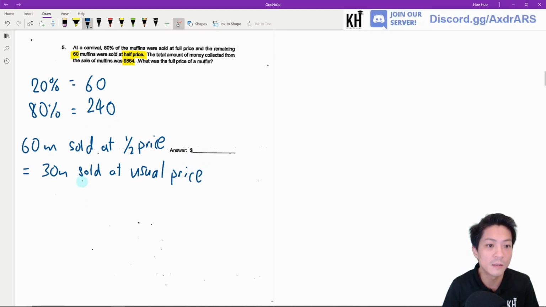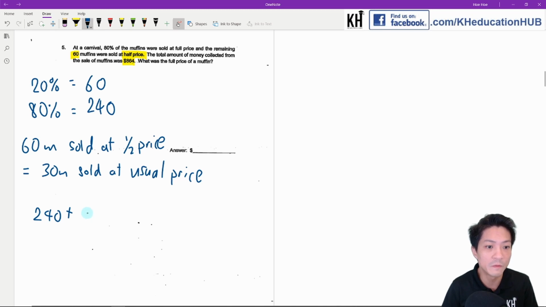Okay, which means that effectively the total number of muffins sold at full price is 270.